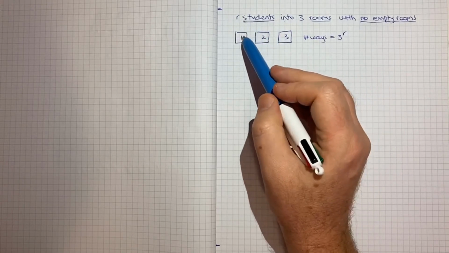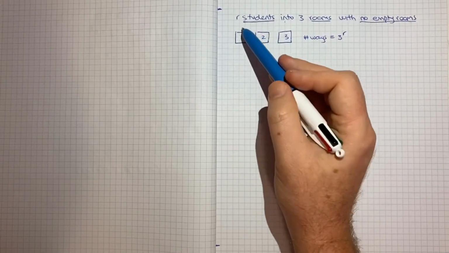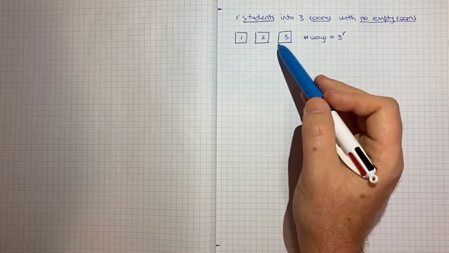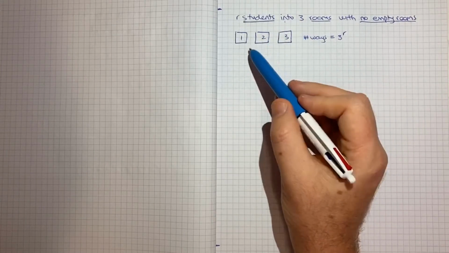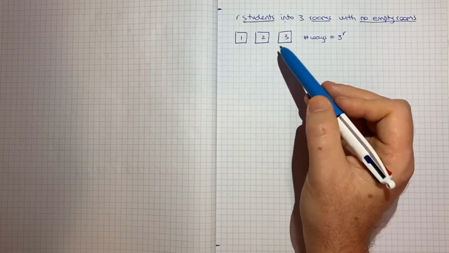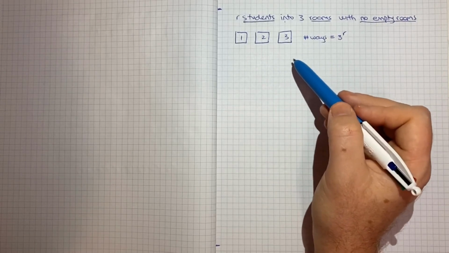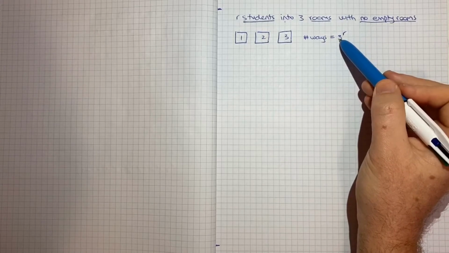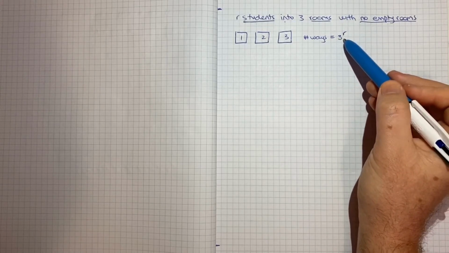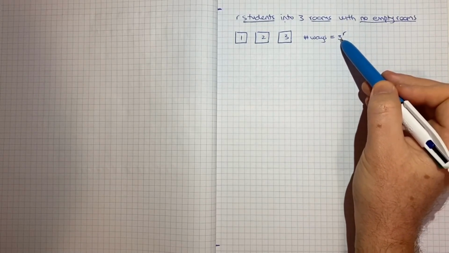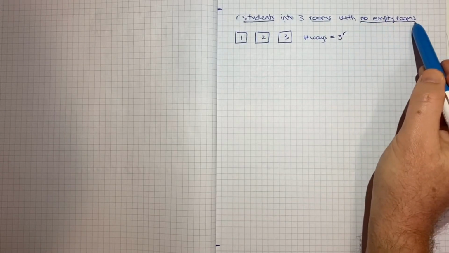Student number 2 could be placed in 3 ways, all the way up to student number R being placed in 3 ways. So in essence, we get 3 times 3 times 3, all the way up to R times, which is 3 to the power of R. So that's what it would look like with no constraint, but we do have this constraint.